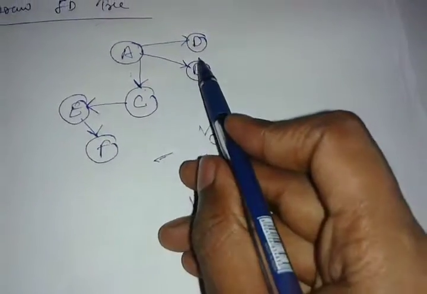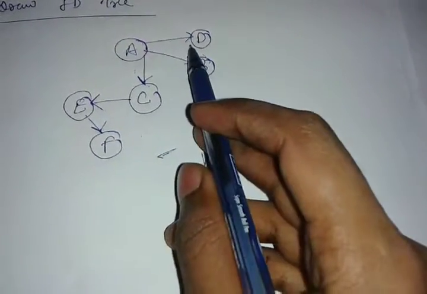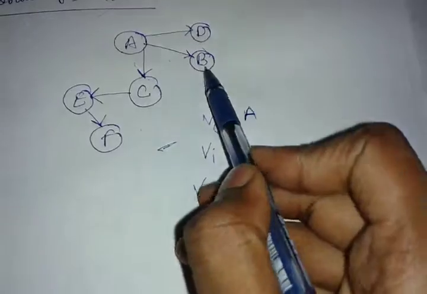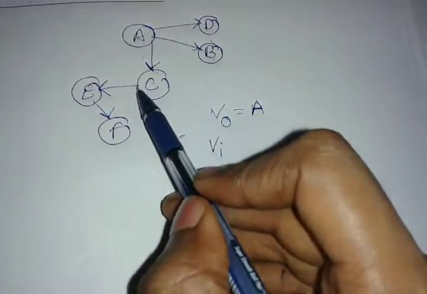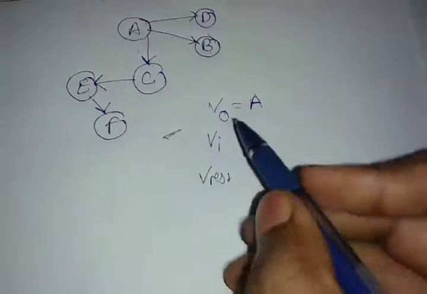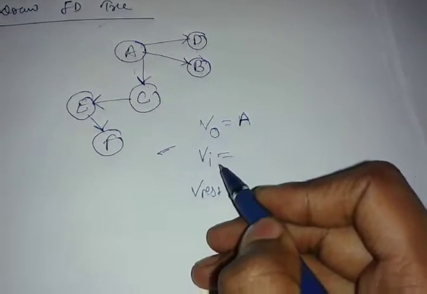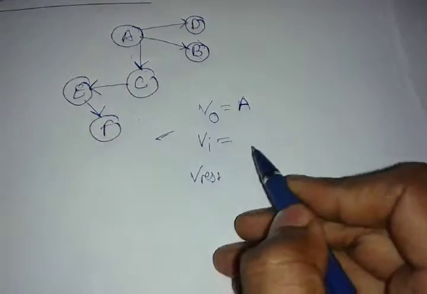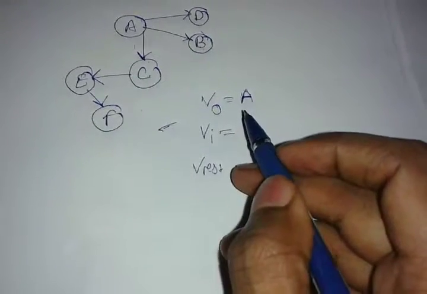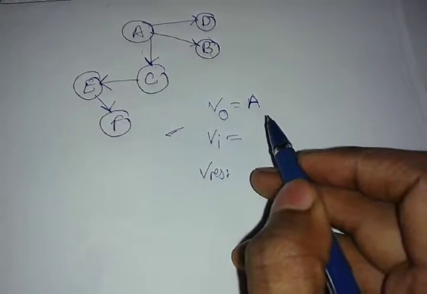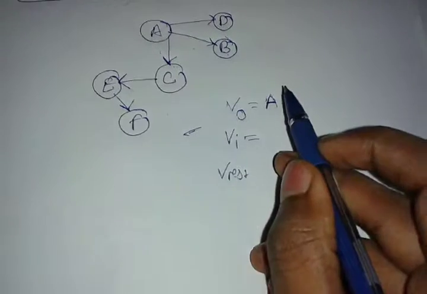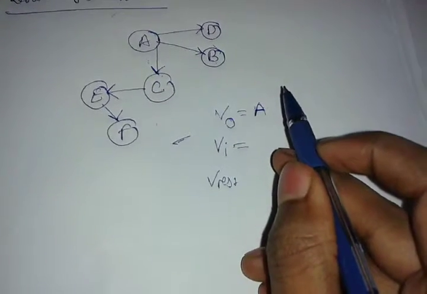If we see D, in D there is only an incoming arrow, B incoming arrow, C incoming arrow, E incoming arrow, F. So we leave those for now. In this set we find only nodes which have only incoming arrows. If any node has both incoming and outgoing, we cannot select that node.